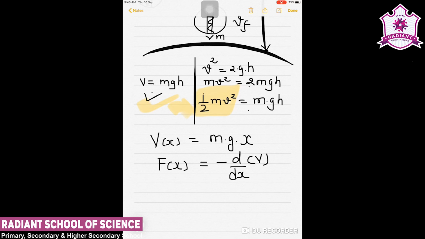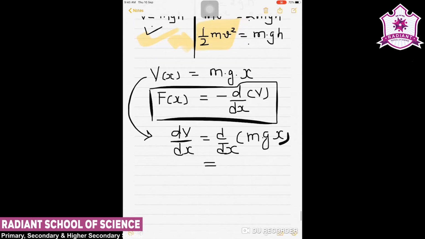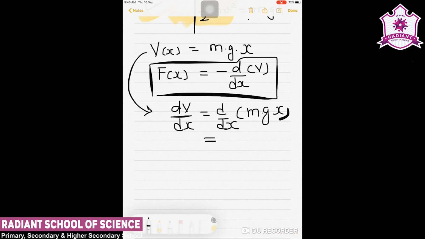So obviously, how to get it? If we differentiate this equation with respect to x, what we will get, that is dV by dx is equal to d by dx of mgx. mg is a constant that can be kept out, so it is mg, and this is 1. So this is dV by dx.